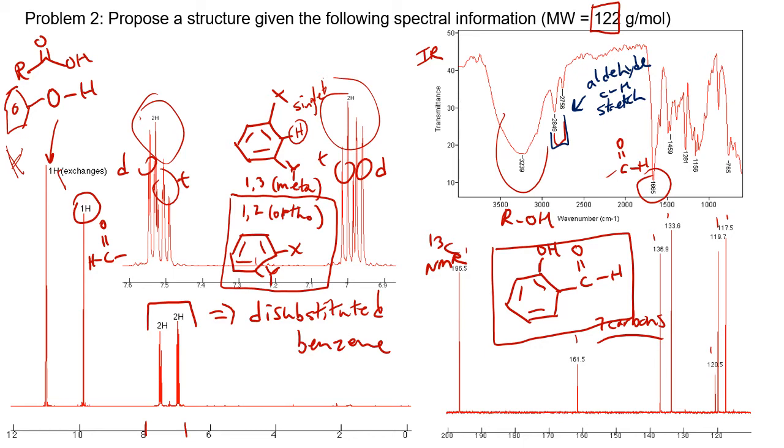Okay, so this structure appears to be pretty consistent, but just to double check, let's make sure that the structure we've come up with matches the molecular weight that was given. So what we need to do is think about the molecular formula. This has 7 carbons, so this would be C7, and we've got a hydrogen there, there, and there, so that would be 6 hydrogens, and then we have 2 oxygens.